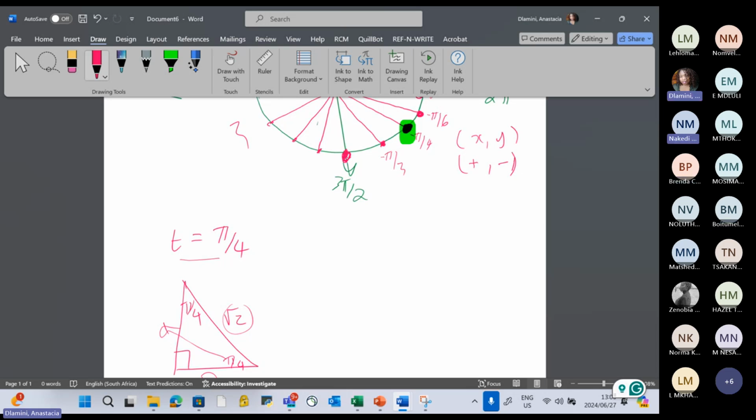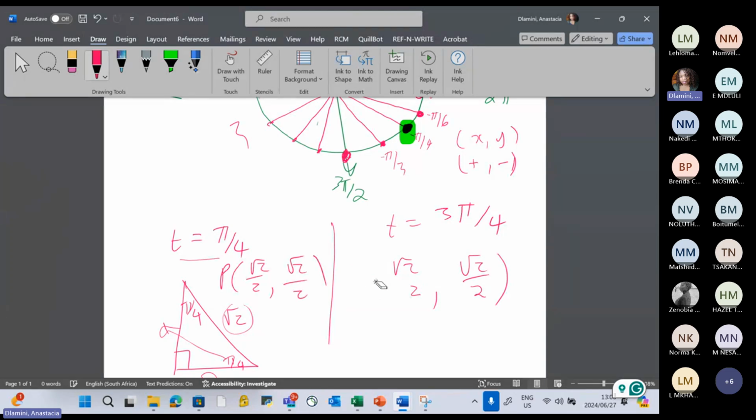Yes, ma'am. So we're looking for t equals 3 pi over 4. Let me write it here. The terminal point for pi over 4 is root 2 over 2 and root 2 over 2.